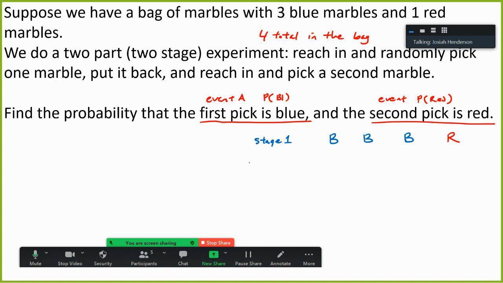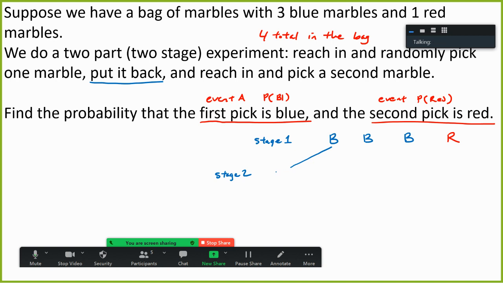Stage 2, we reach in and pick a second time. It says that we are putting back the first one, right? So we reach in and get a marble, we put it back, and then we reach in and get a second. So the outcomes for this second stage should be the exact same outcomes as stage 1.